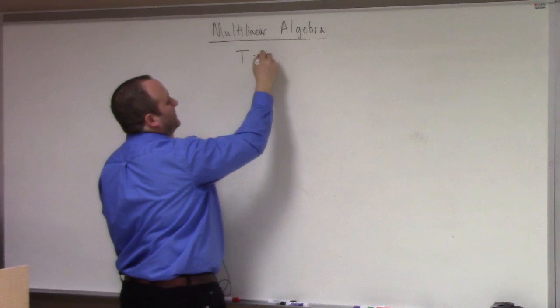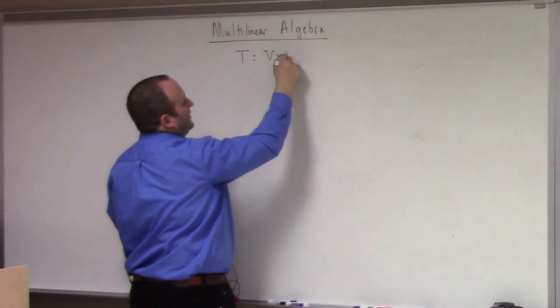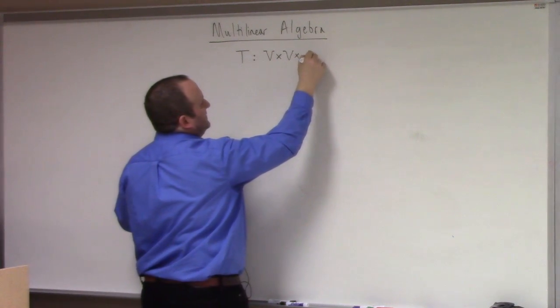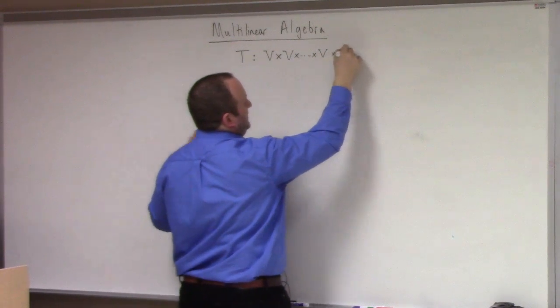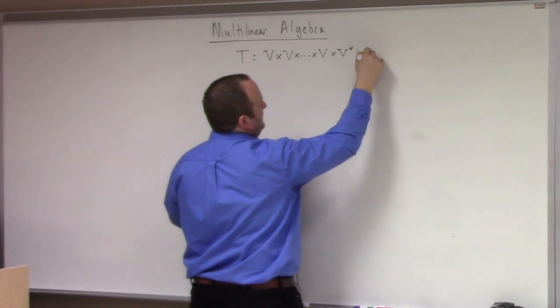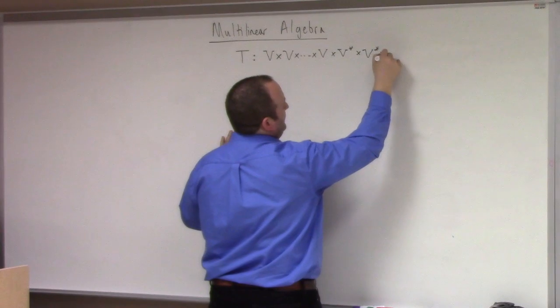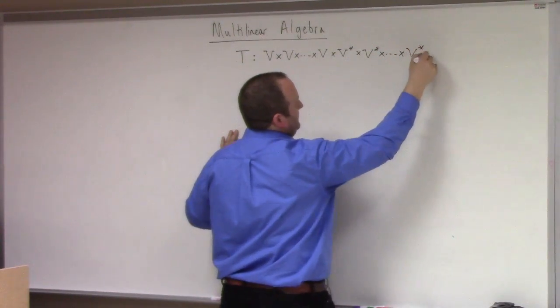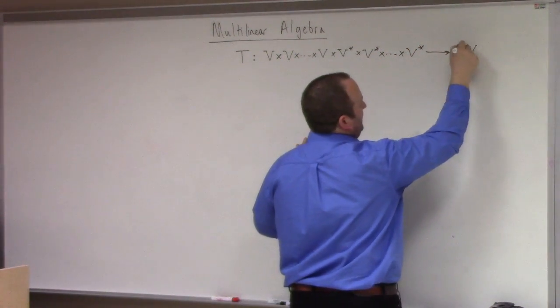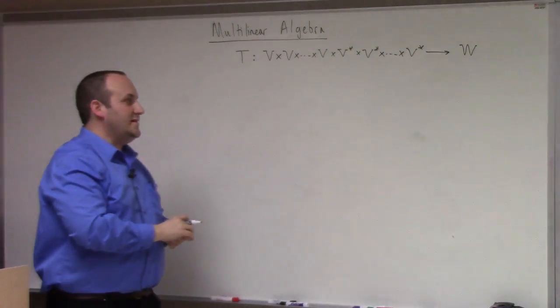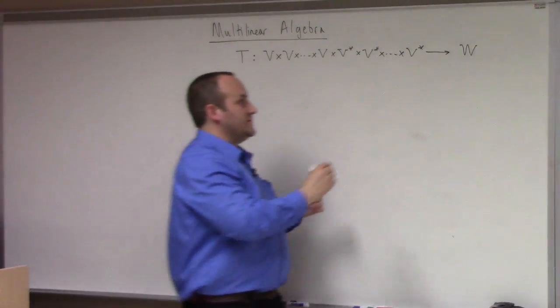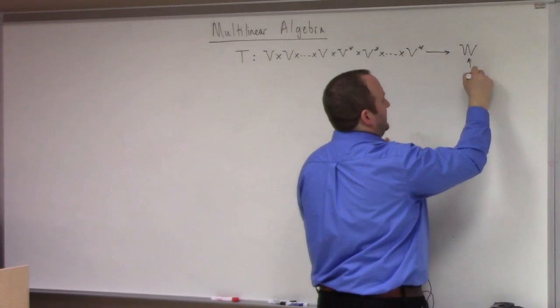Tensors are mappings from the Cartesian product of a vector space with itself so many times, and the dual space so many times, and they could go into some other vector space W. Most of the time we put W equal to the reals. Often this is just reals or complexes.